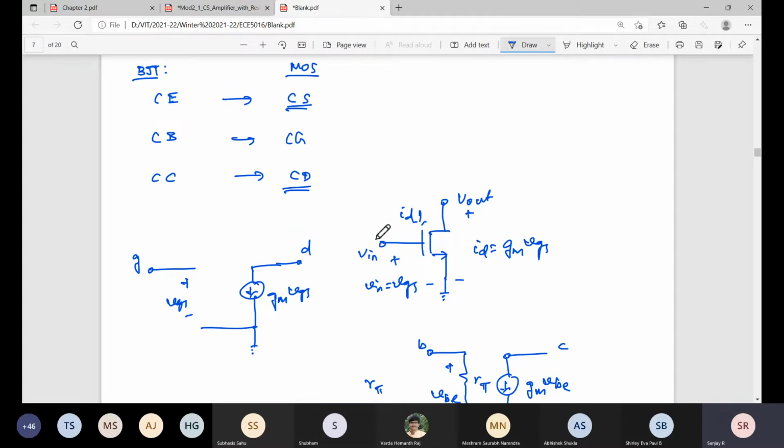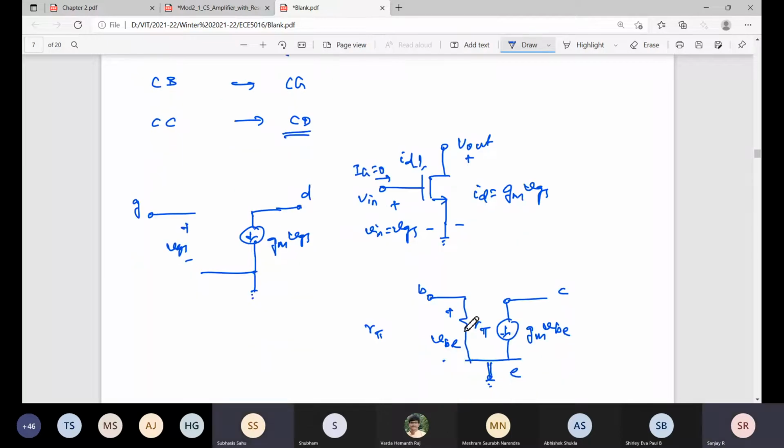What is the gate current in a MOSFET? Zero. What is the base current? In BJT there is always some non-zero current. To account for the non-zero current, we introduce R pi. But in MOSFET there is no gate current, so the input impedance is infinite. That's a good thing. So in BJT, R pi is included, but in MOSFET there is no resistance in the input network. Fine. So now this is the equivalent thing.